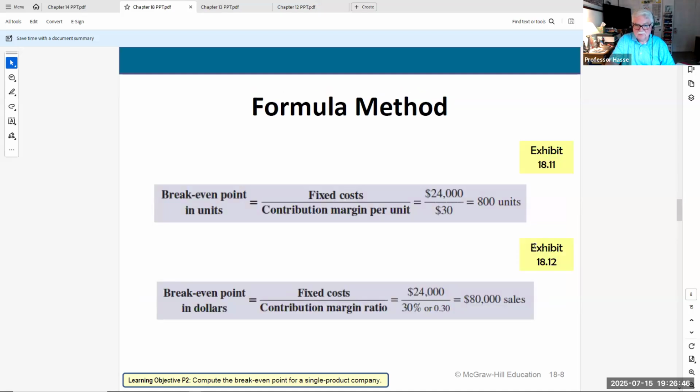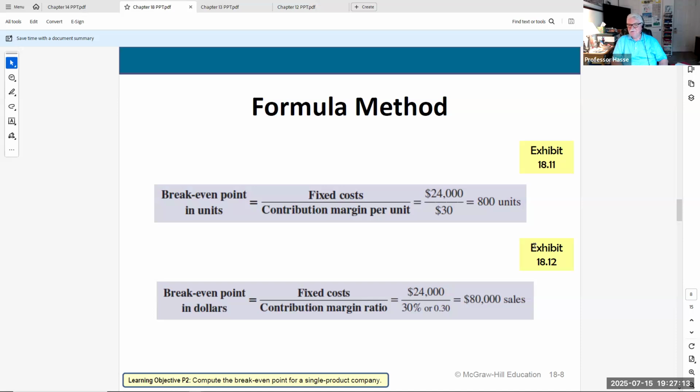Well, here we have determining the break-even point in units and in dollars. And this is the formula you need to be familiar with coming out of Chapter 18. How do we determine our break-even point? In units, you take your fixed cost. Remember the contribution margin is 30 bucks, which is the difference between retail and variable cost per unit.